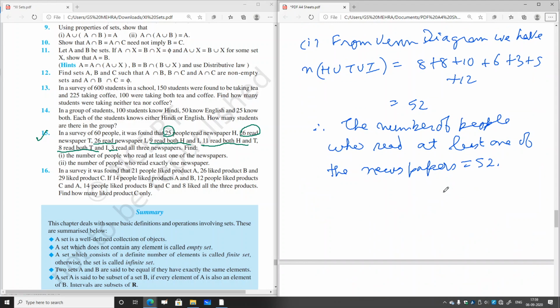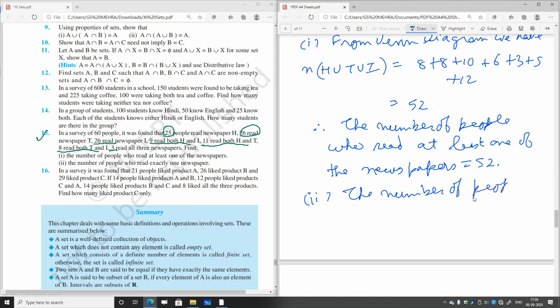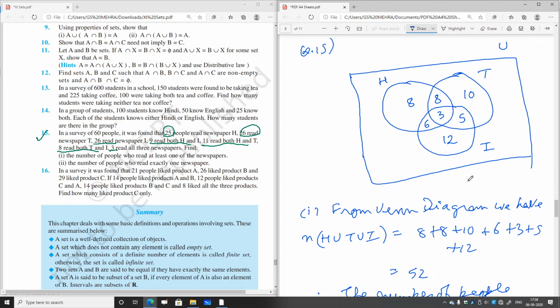Let us solve it. Second part, 15th question. The number of people who read exactly one newspaper is equal to, so for that let us again refer back to the Venn diagram once more.